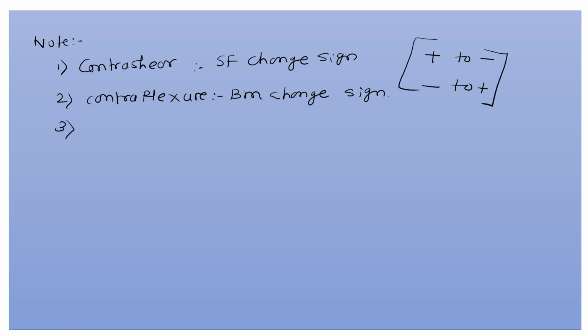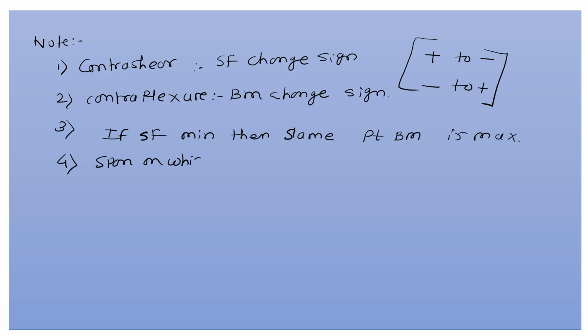One more point is important. If at any point shear force is minimum, then at that same point bending moment is maximum. These are the important points. Remember these. And one more point: the span on which shear force is constant is called the shear span.